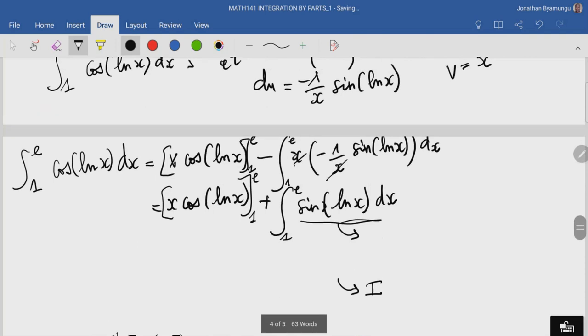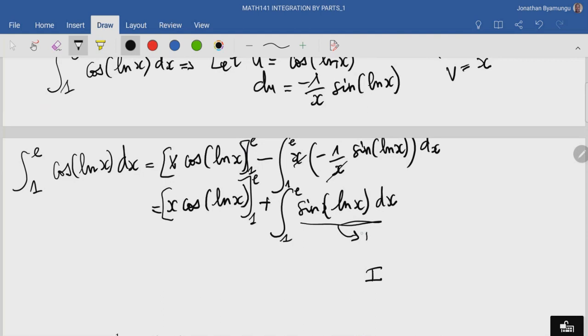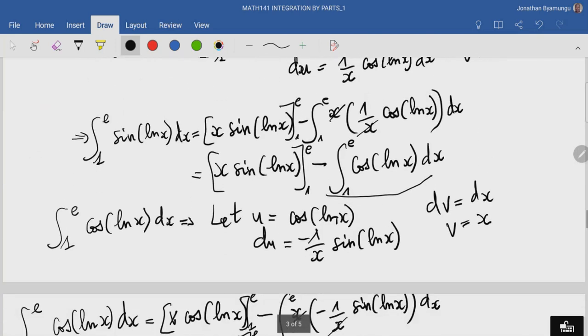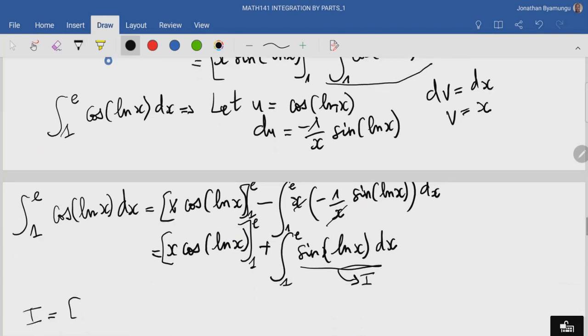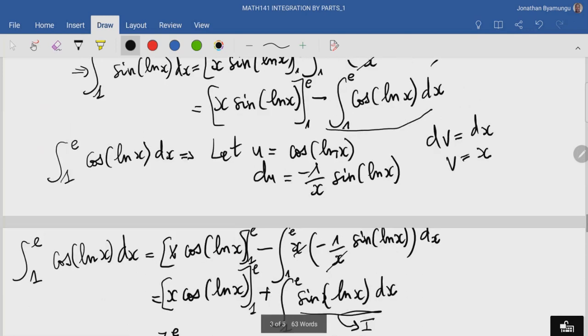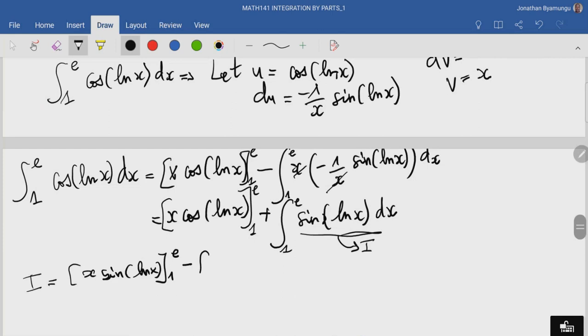So knowing that, originally I therefore is equal to, let's go back to the original integral, I is equal to x times sine of ln of x evaluated from 1 to e minus this entire integral, which we found to be x cos of ln of x evaluated between 1 and e minus the integral, this integral which we denoted as I, so minus I, right? So that's what we have.